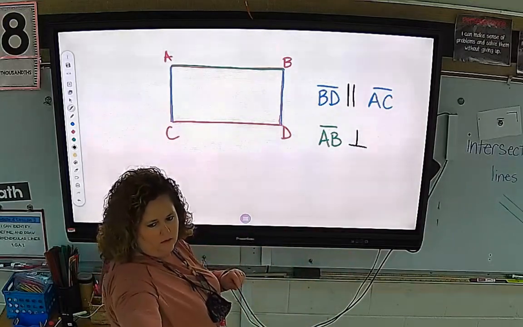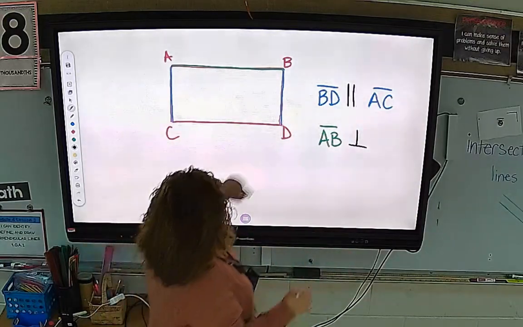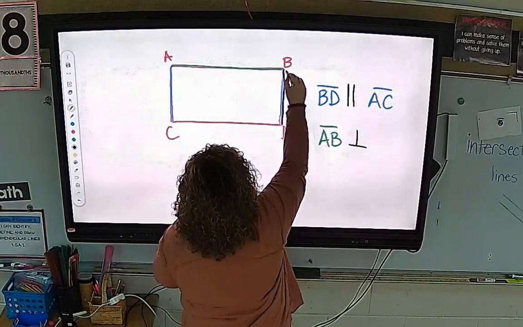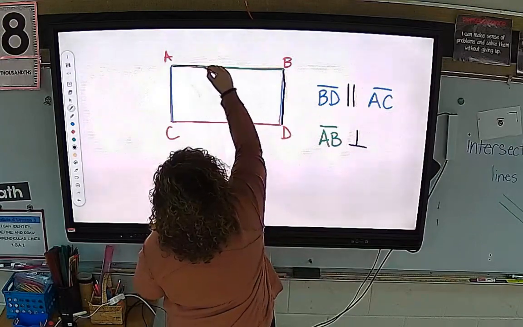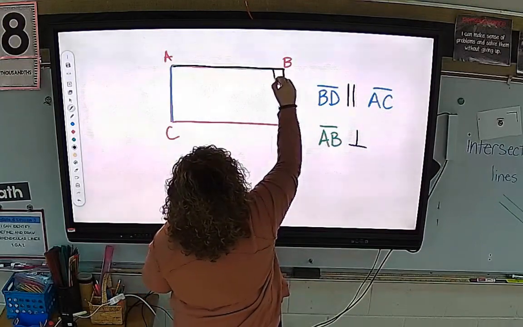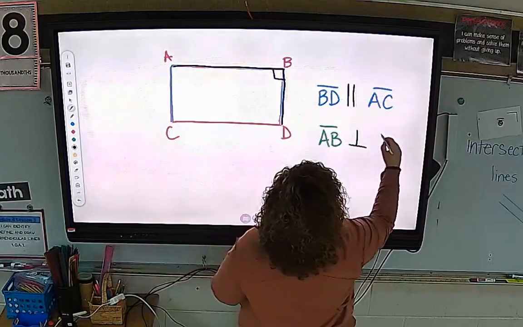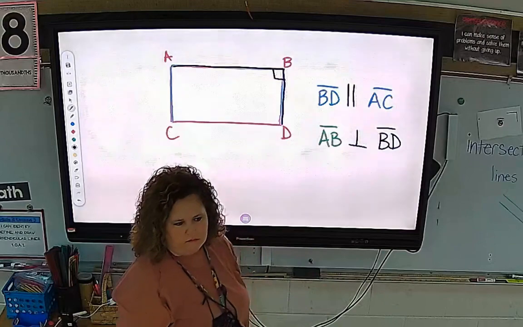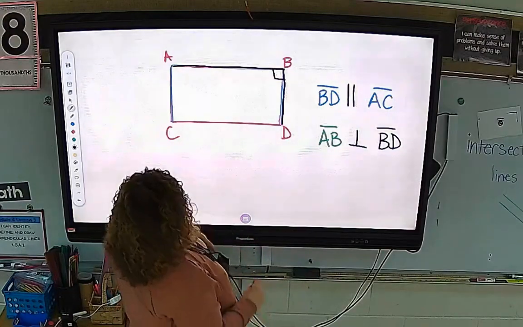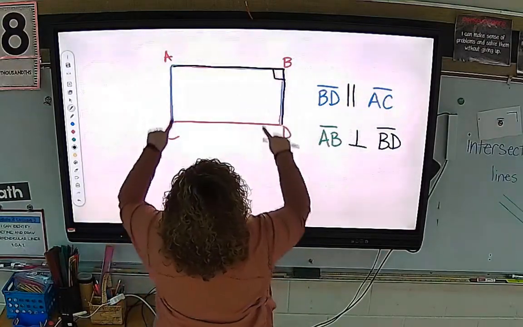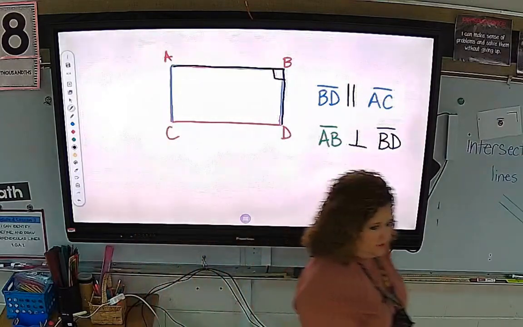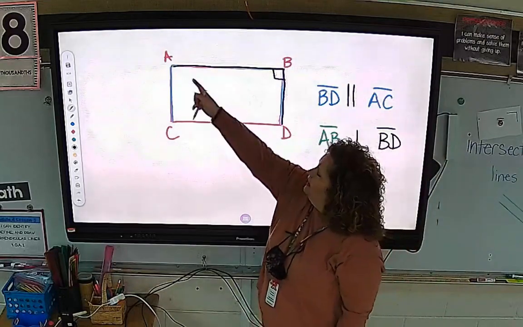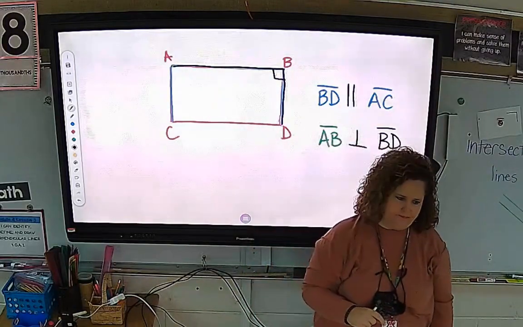BD, yes. This one right here. This and this are perpendicular to each other because right here they form a right angle. So we would say BD. Good. You said that these two are parallel, but are there two other parallel lines in that shape? CD and AB are parallel to each other.